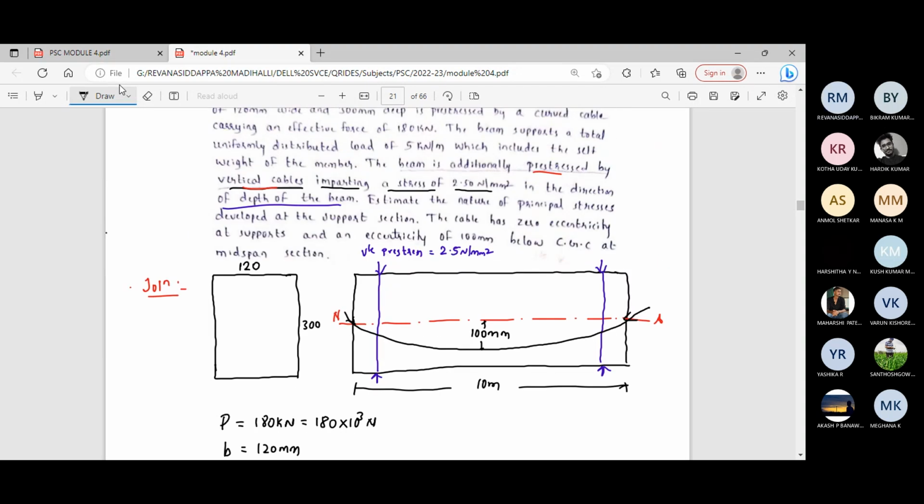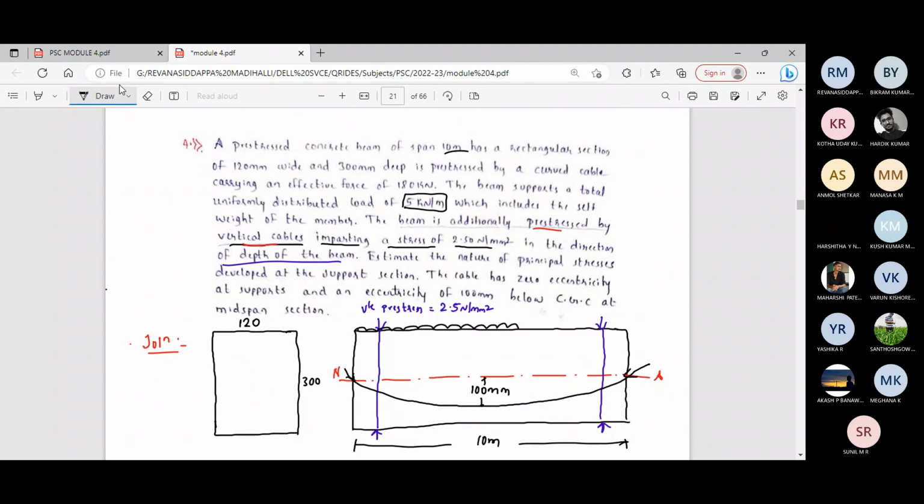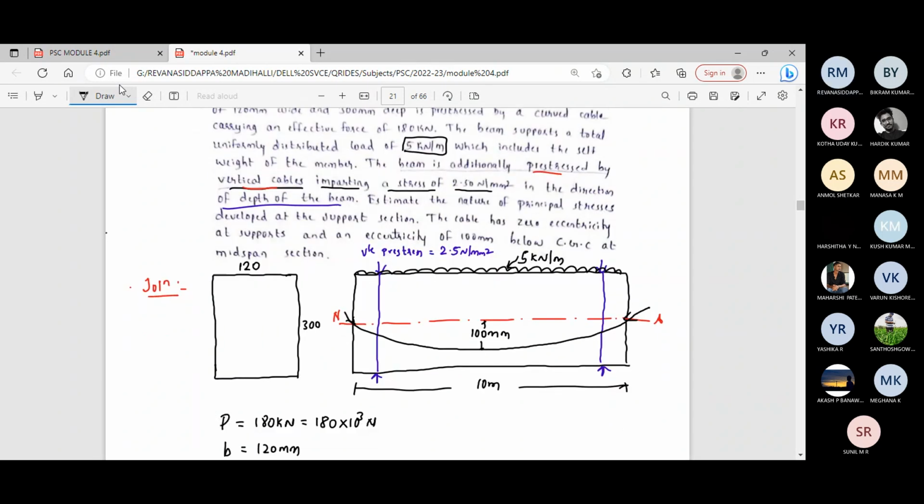Then the uniform distributed load, all inclusive, is 5 kilonewton per meter. Just mention that load also on the beam.